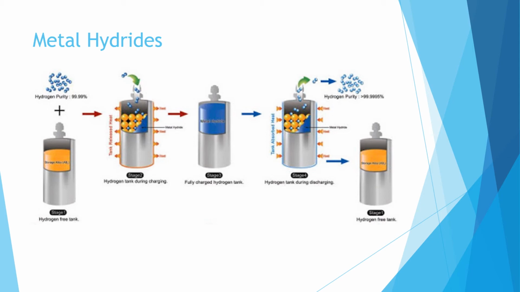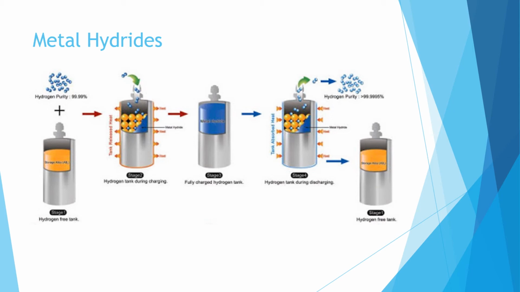So here this is the pure hydrogen 99%, and this is a hydrogen tank. When the hydrogen is put into this tank, it looks like the hydrogen tank during charging.